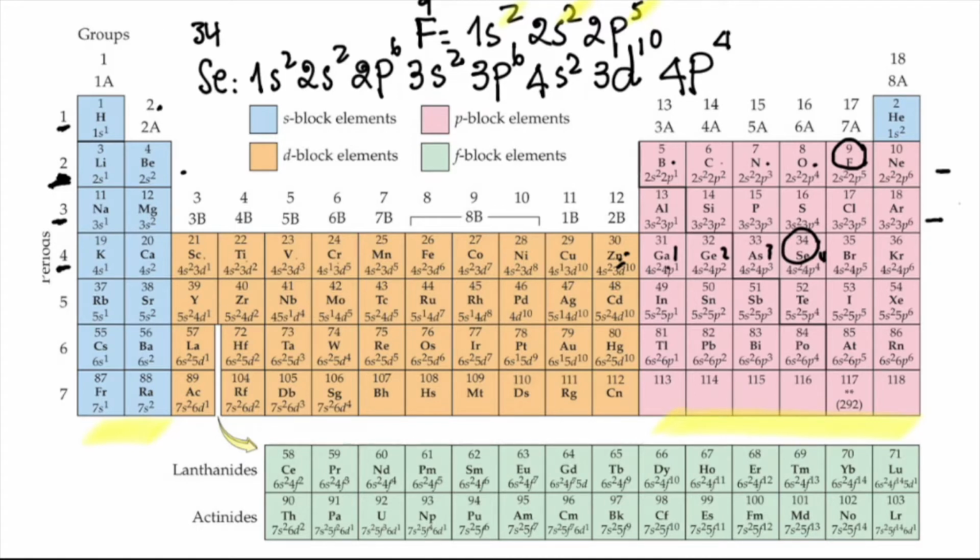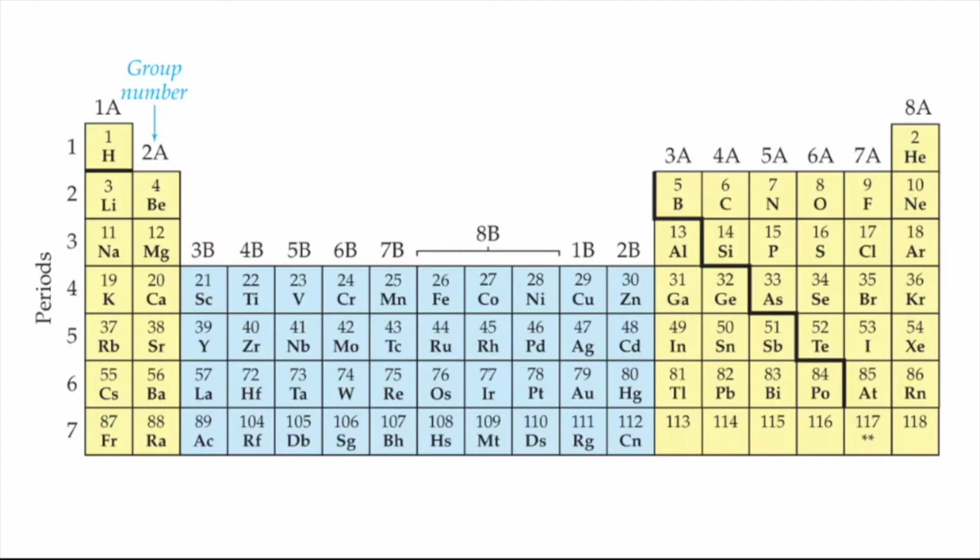This periodic table is kind of confusing because it also gives you the 1s1, 1s2 and stuff like that. But usually we don't have this type of periodic table. We use this type of periodic table instead.